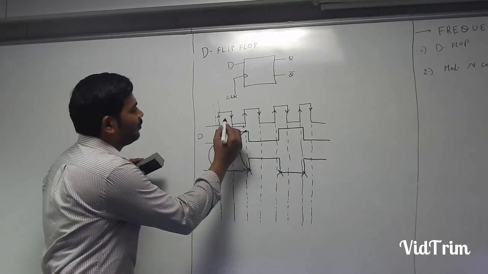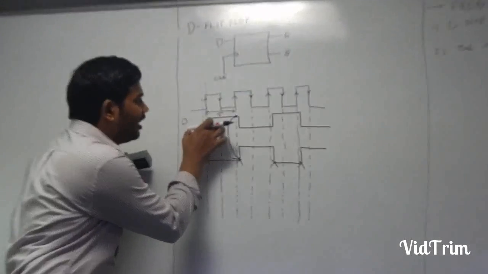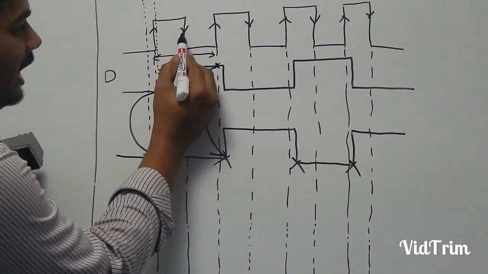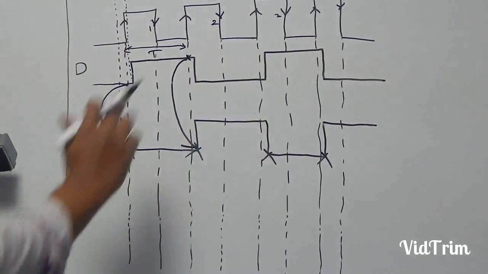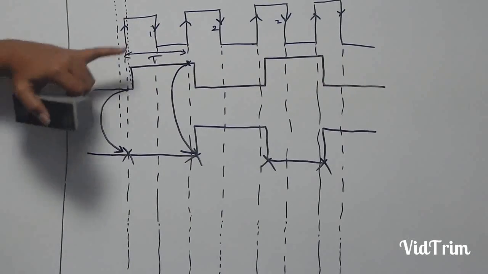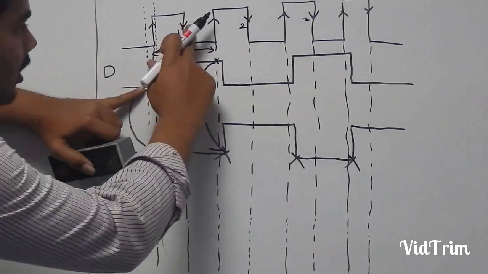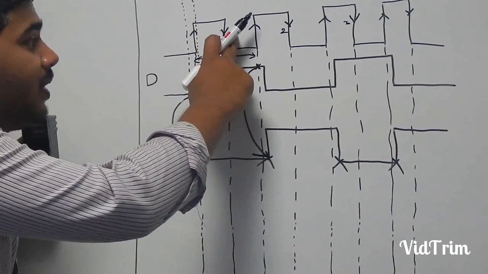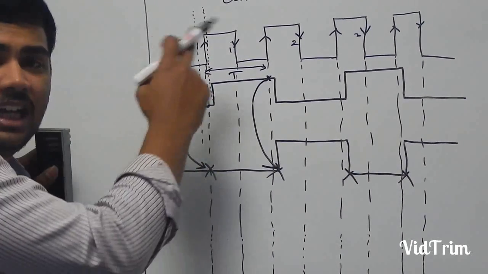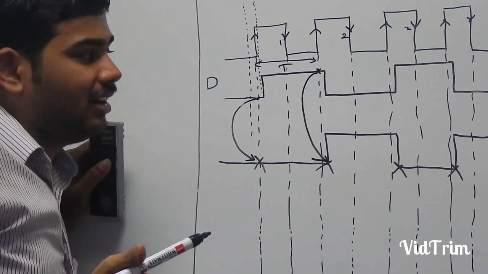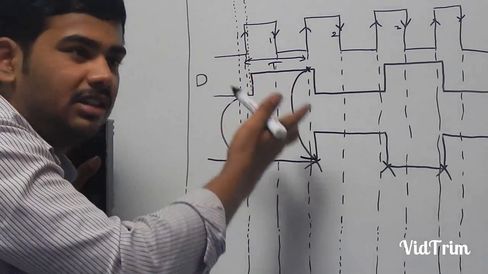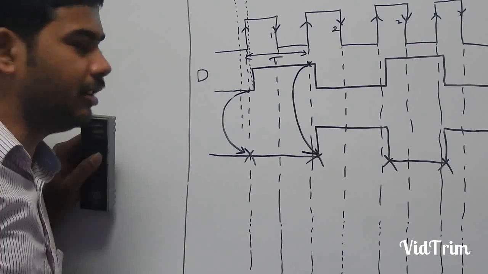Here I am capturing the same data at the negative edge. These are my negative edges 1, 2, 3 in this waveform. Let's see how many clock cycles of delay we get by capturing at the negative edge, because I am going to use this also in our frequency divider circuit.